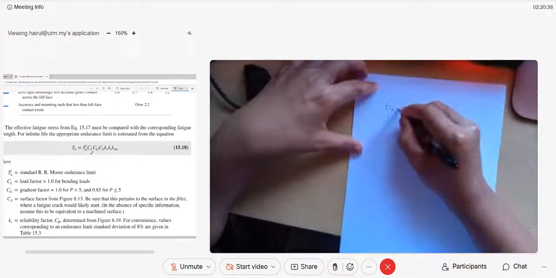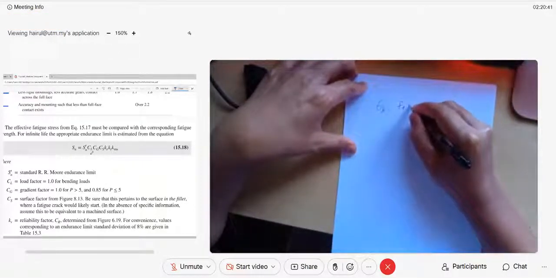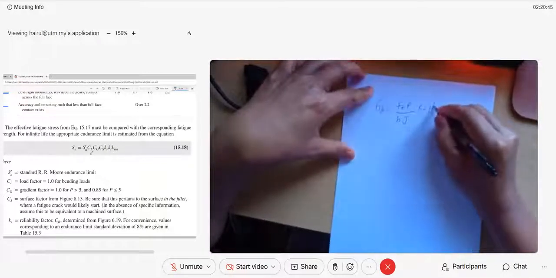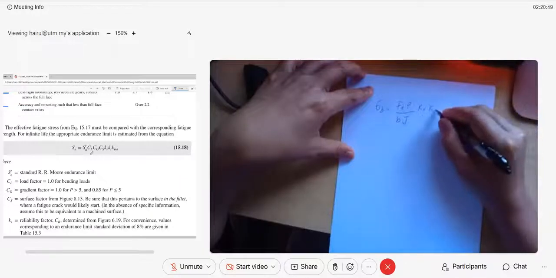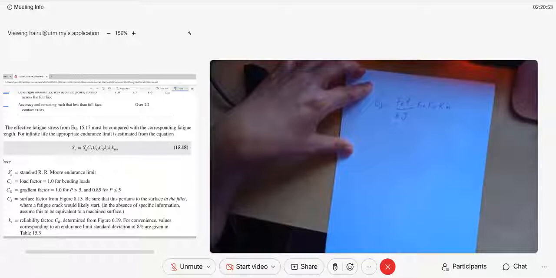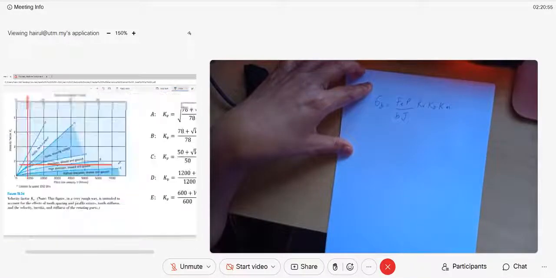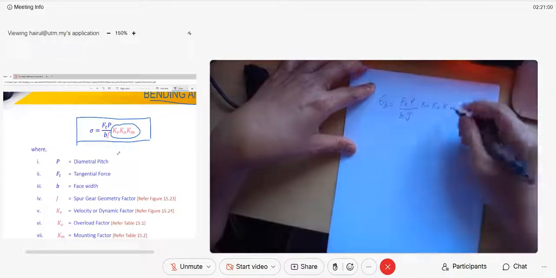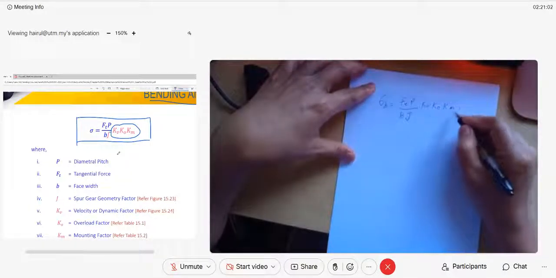Before we break, we know our sigma bending is Ft times P over B times K, the KV, KO, KM factors: velocity factor, overload factor, mounting factor.